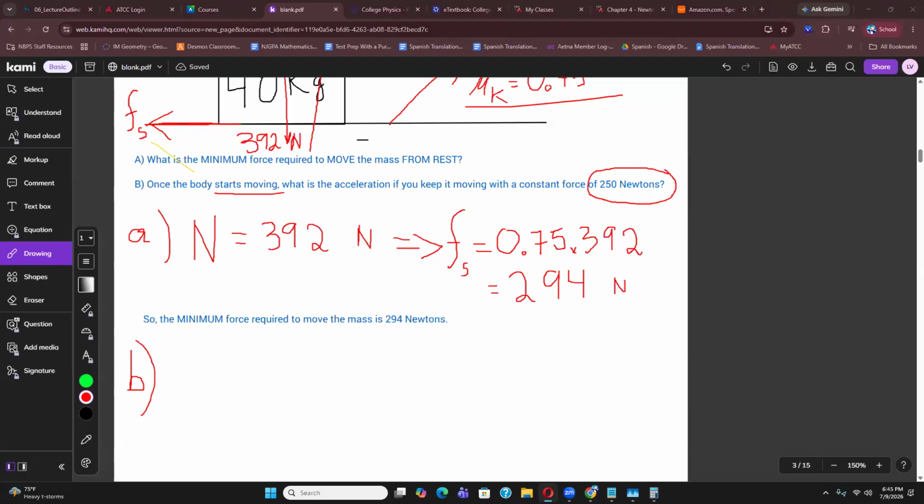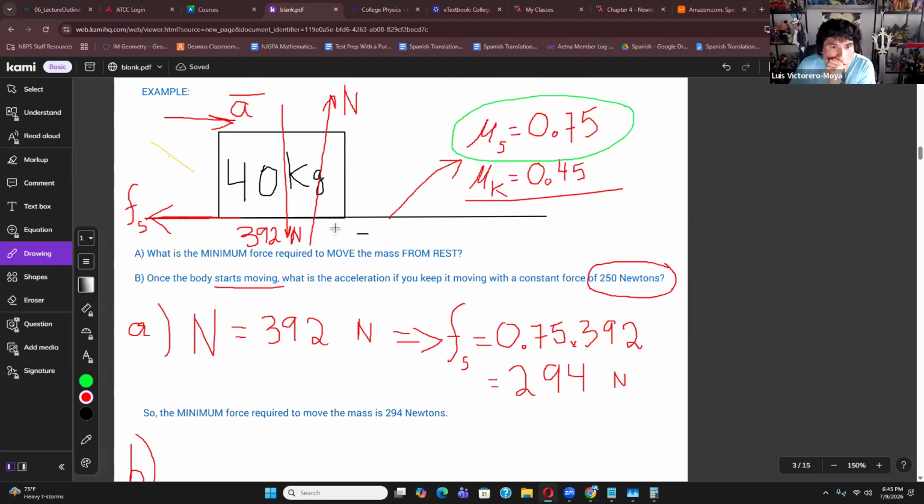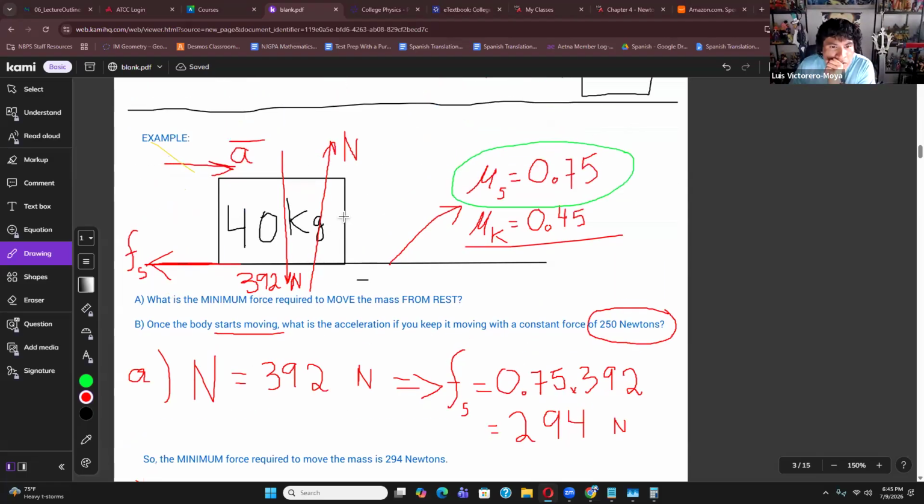We'll use the kinetic friction formula. So what force do we have to add now here? Yeah, F minus friction equals ma, which is 40a. Very good. Where F is 250. So you have this.